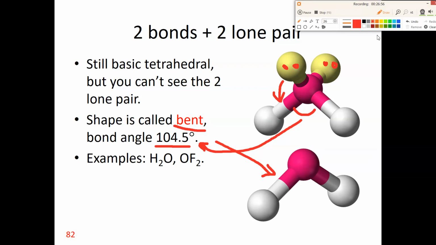This angle is smaller than 109.5. Examples like water and oxygen difluoride have this kind of structure because there are two lone pairs on the central oxygen.